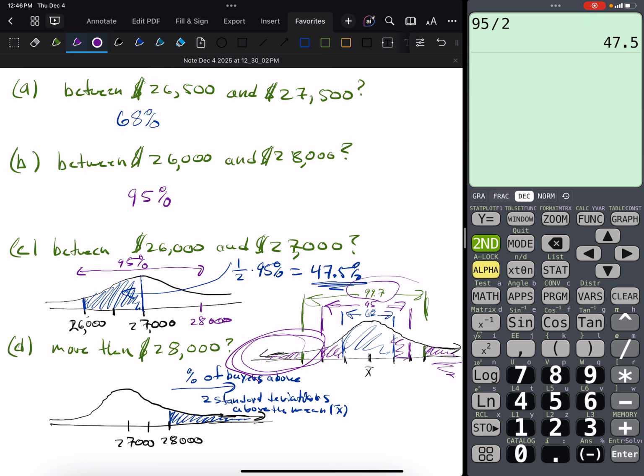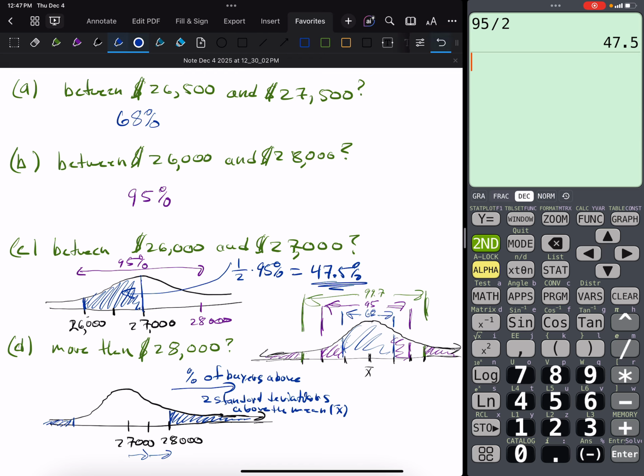And so that's kind of an example. In this case, we're not at the 99.7. We're 2 standard deviations above the mean here, right? Because 500 is our standard deviation. And so we're 2 standard deviations above the mean. And so we've got the 95%. And so 100 minus 95% would be 5%, but that would also include this tail over here.